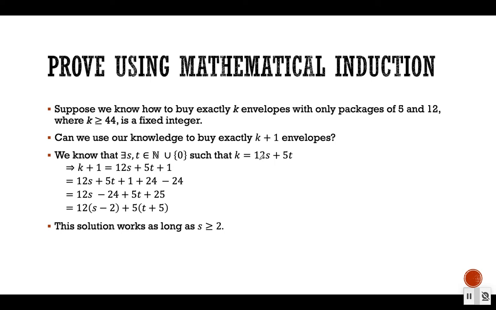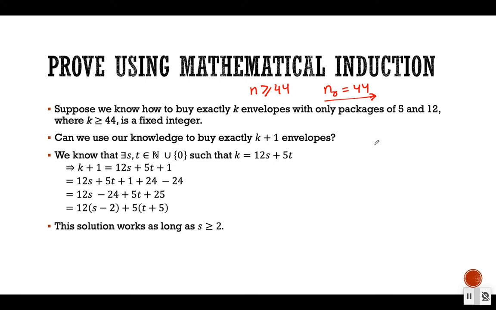Here we are saying that the n value has to be greater than or equal to 44. That means our initial value n naught is going to be 44. So here is one example where you can see that our initial value of n can be other than 1, because the lowest value of n here we have to consider is 44.